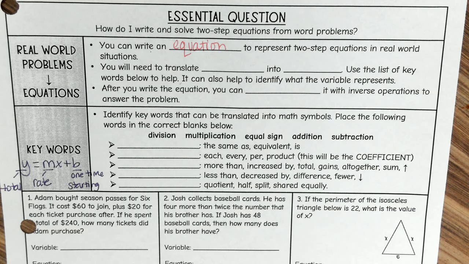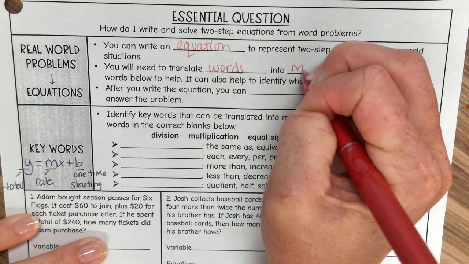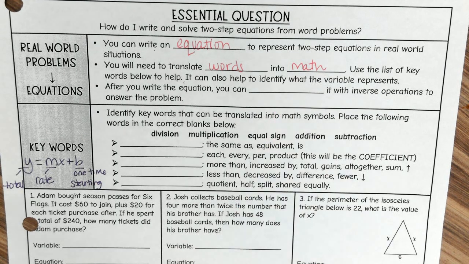You're going to need to translate English words to mathematical sentences. I'm just going to put to math. Like if I use the English words 2 plus 2 equals 4, you wouldn't spell them out when you wrote it down, would you? You would put the number 2 plus 2, an equal sign, and then 4. You're going to take words and turn them into mathematical sentences.